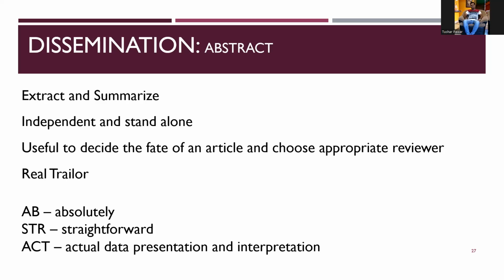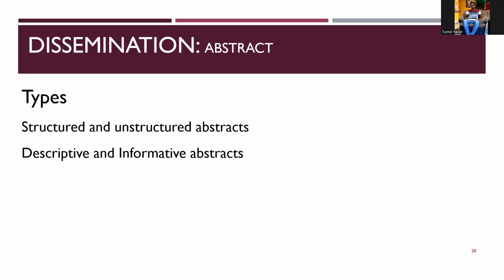That is the abstract. And the types, as I said, there are structured and unstructured abstracts, or there are descriptive and informative abstracts. There are four types I can say, two criteria: structured and unstructured, as I said earlier, and descriptive and informative abstracts as the other type of categorization.